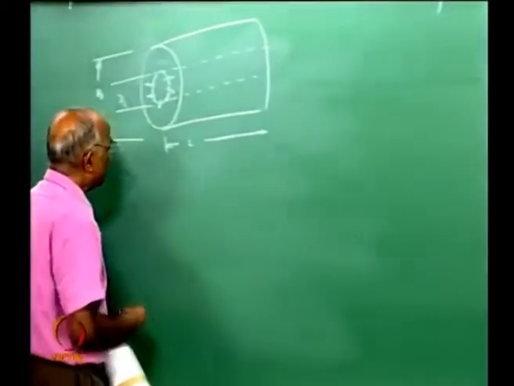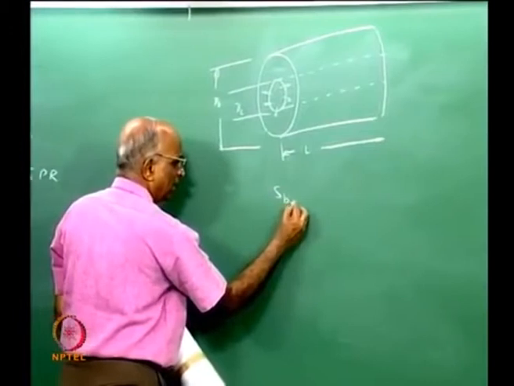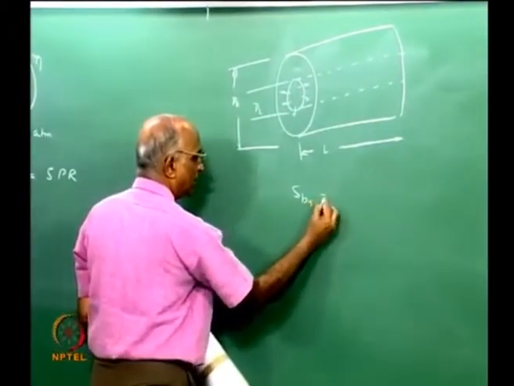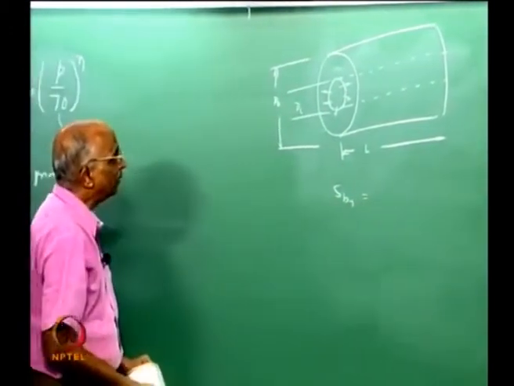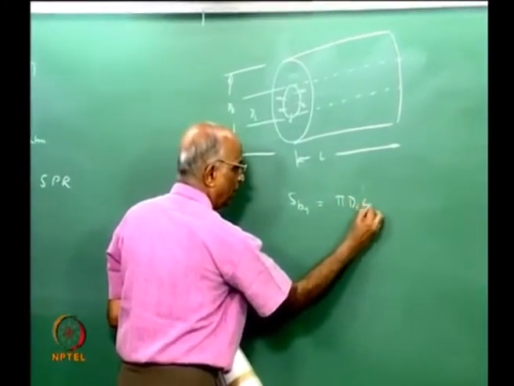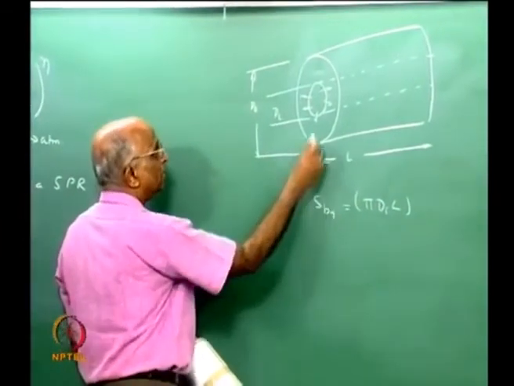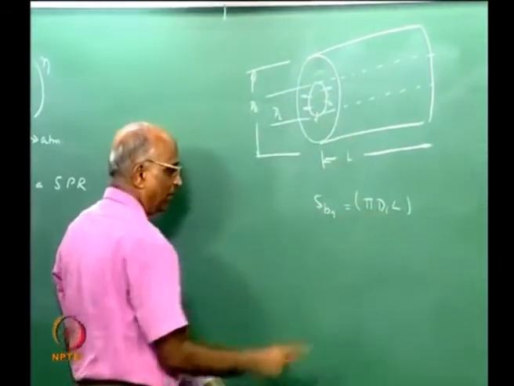Therefore, what is my pressure over here? The initial burning surface area I have to calculate first. Initial burning surface area is equal to, you could now tell me, pi di, which is the perimeter, into L. And what is the final burning surface area? It is equal to pi do into L, the perimeter.